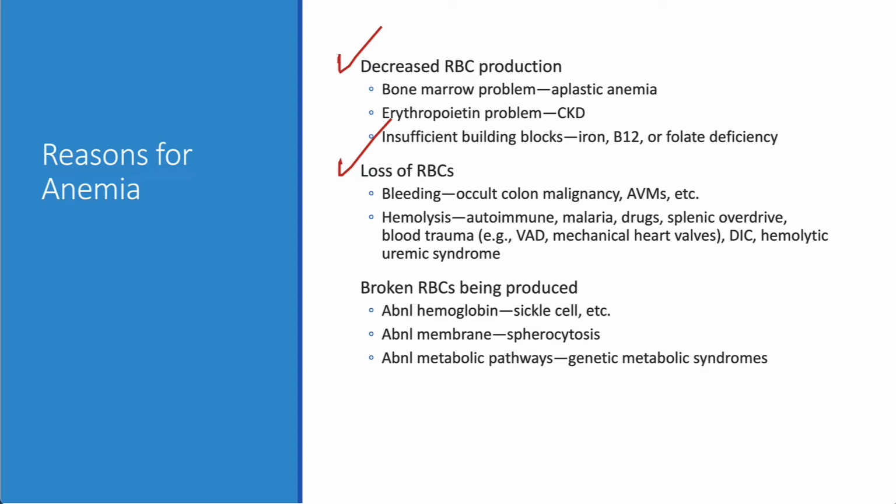The spleen being overactive can do it. There's all sorts of other ways, but hemolysis is one of the primary reasons that we can end up with anemia as well. The third general way is that we have broken red blood cells being produced. So sickle cell anemia is a possibility, or probably the most commonly known of those broken RBCs.